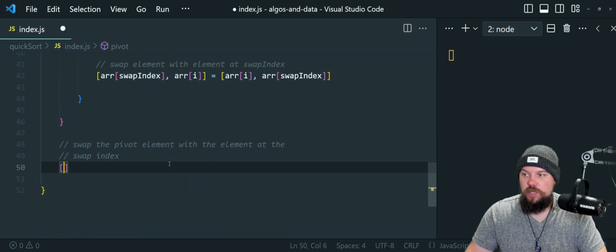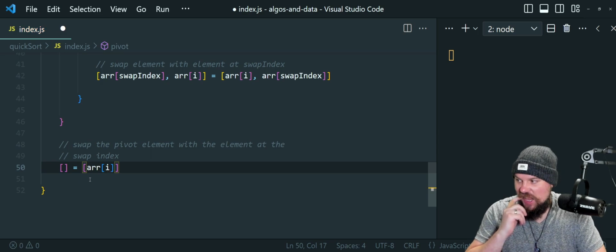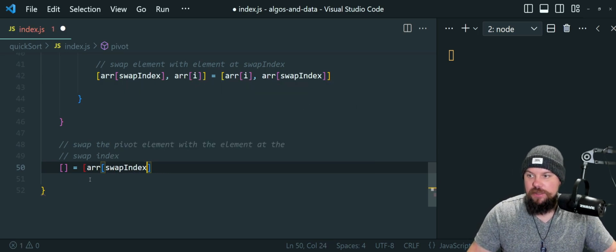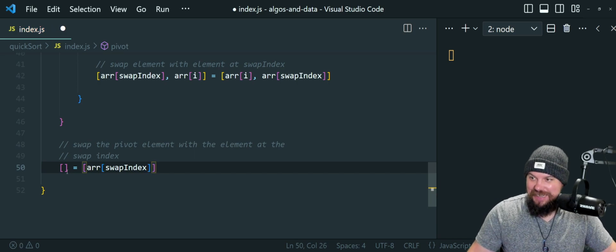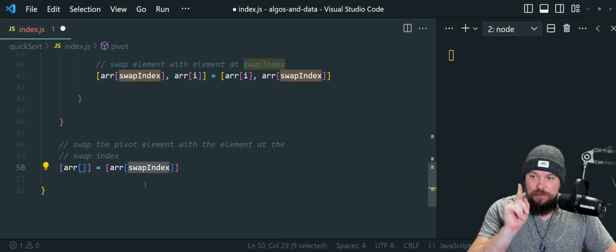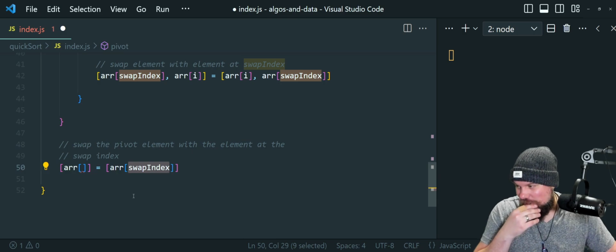So to do this, we're going to do another ES6 array destructured swap. We're going to say, take the element of the swap index and move it. The pivot element. Oh my goodness, why am I losing my mind?